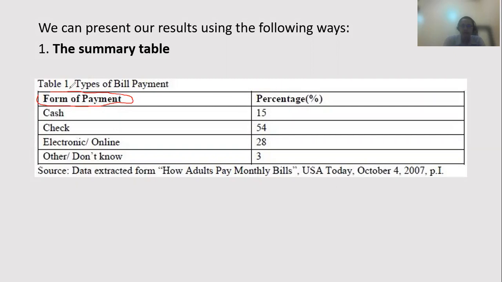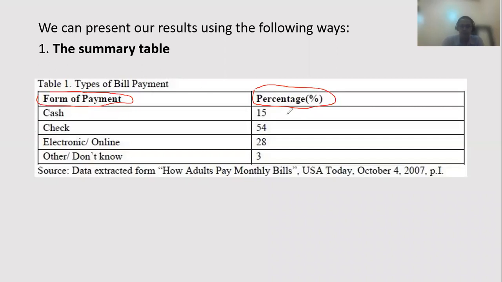And so this is the variable that we are talking about, right? Your question would be, what kind of payment do people use in order to pay their bills? That's, for instance, your research question. And so the variable is actually the method of payment. And this is the data from the methods of payment among people that you have asked.